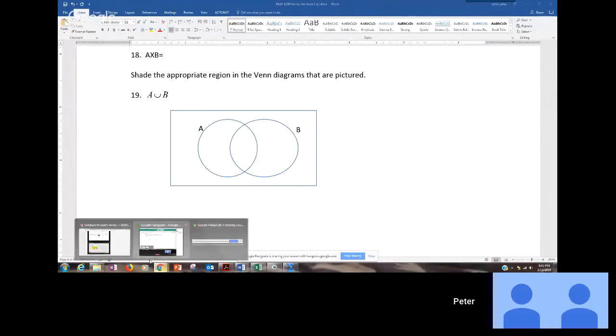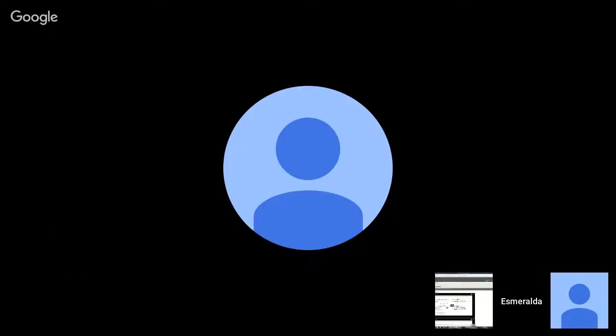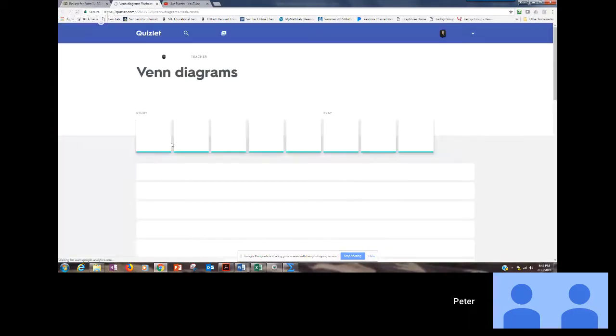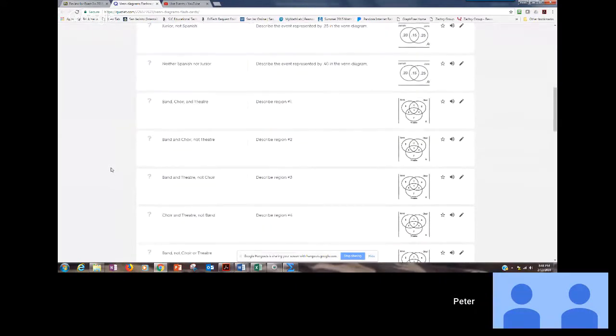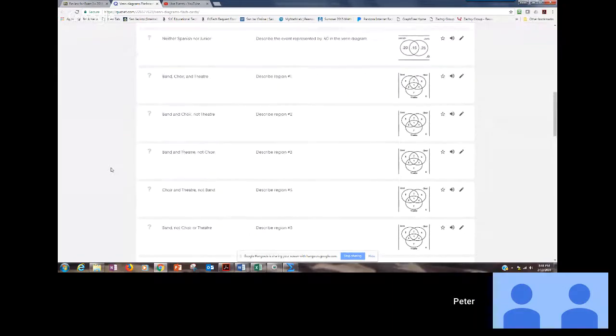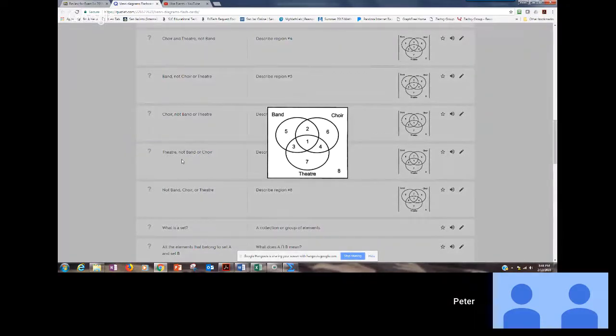So there's a link in the test review folder that I have hanging out there on Venn diagrams specifically. It says practice on Venn diagrams. I would go through this Quizlet and make sure you can read the information and identify which part of the graph it's trying to get you to look at, if that makes sense. I don't know if you can see this big enough, but I'll describe a set and ask you, what region am I talking about?